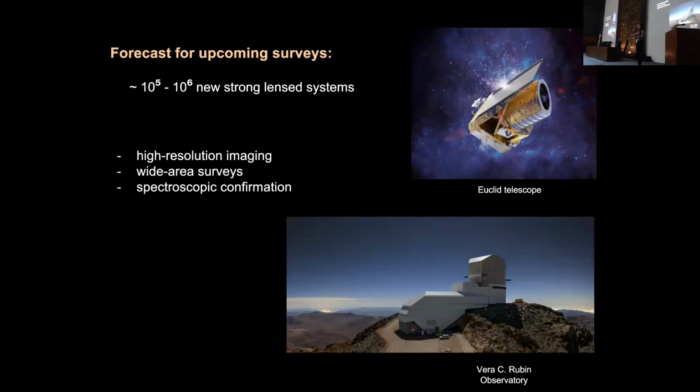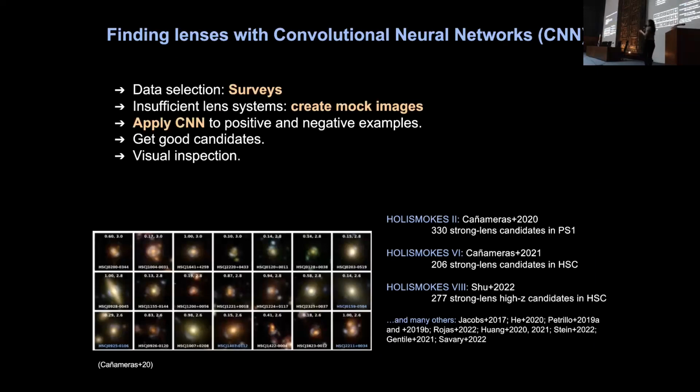So with all of this data, there have been automated ways, especially with machine learning, to try to detect these lenses. One of them is using CNNs, which in the last years has been very famous in the lens community, to detect all of these lens systems from different surveys. This is not the first time that this has been done.